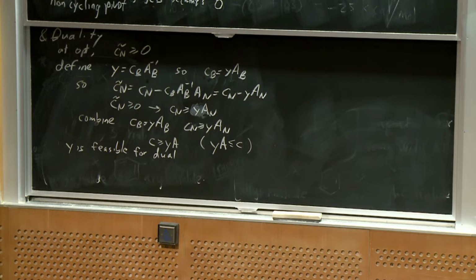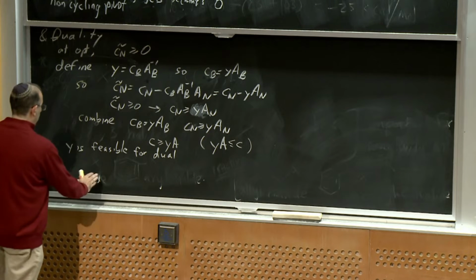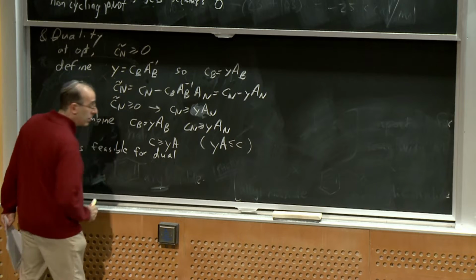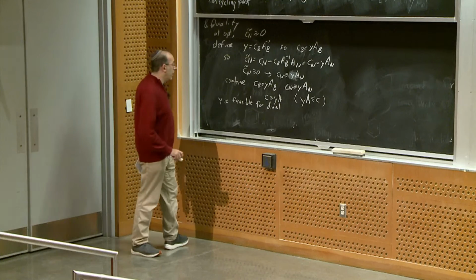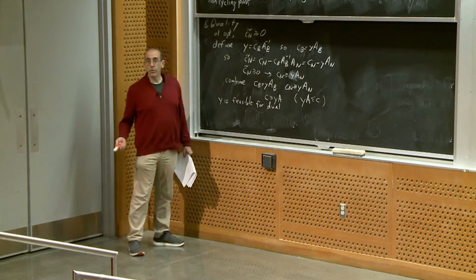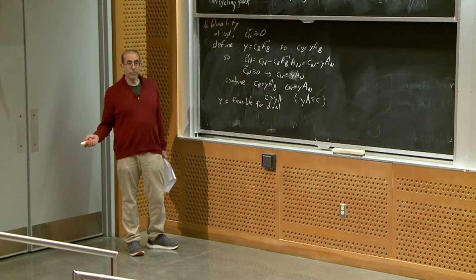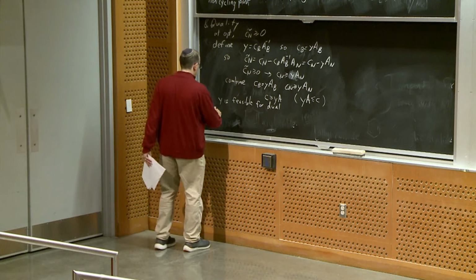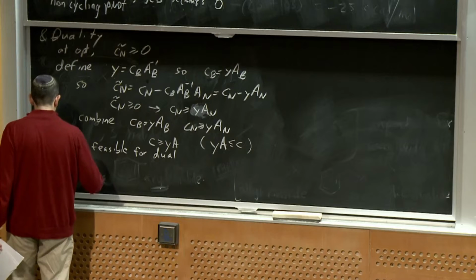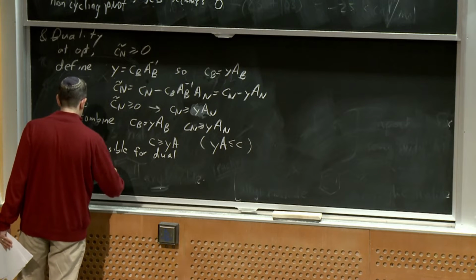All right, we have a dual feasible solution. Let's figure out its objective value. In the dual, what is the value of the objective as a formula? Yeah, yb. So the objective is yb.